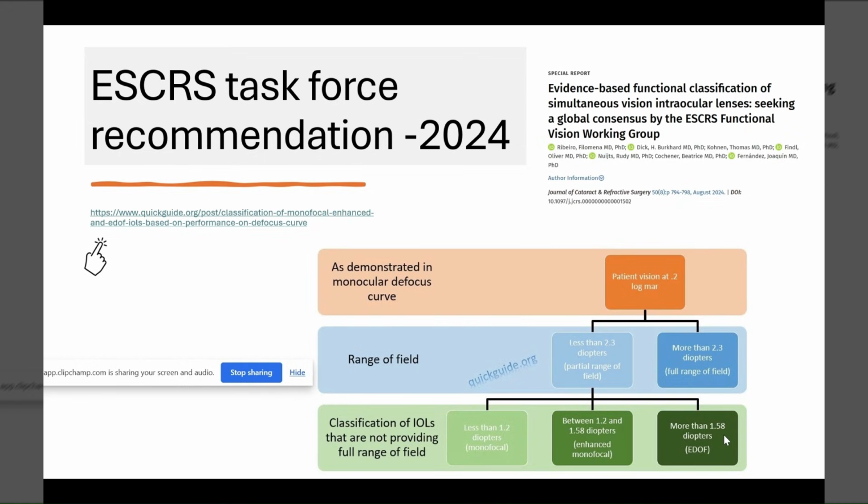So if the lens is giving you more than 1.58 diopters of depth of focus for your patients, within 1.58 and 2.3 diopters, then it's an EDOF lens. If the lens is giving a depth of focus of 1.2 to 1.58 diopters, then it's an enhanced monofocal IOL. And that is to be recorded at 0.2 logMAR or 20 by 32 or 6 by 9 of the patient's vision, right?